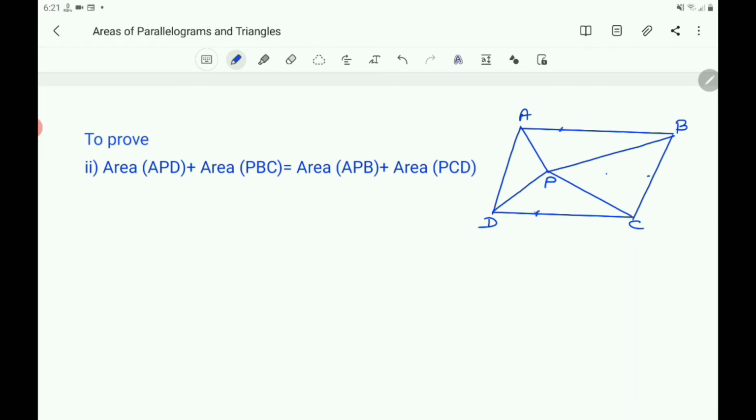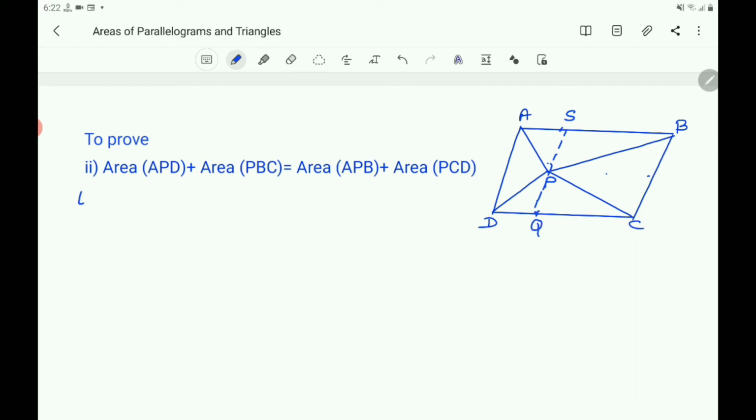draw the parallel line through P, that is, the line must be parallel to BC and AD. So let us draw the parallel line here. Let us take a line SQ.